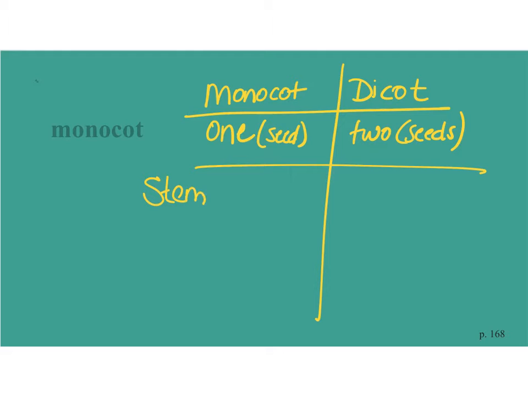Here's your stem. Remember how important these vascular bundles are to the plants, because it's how the water and the nutrients come from the roots up through the plant and feed the leaves.